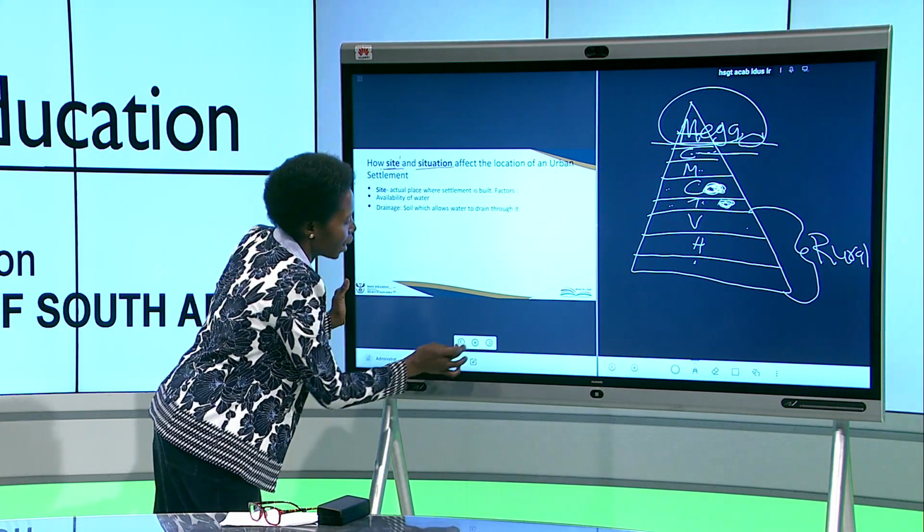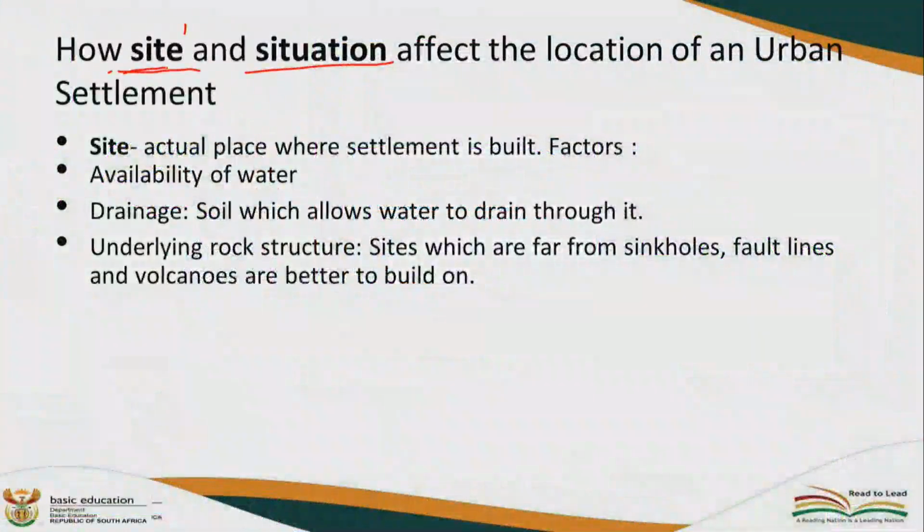Okay, and then the next one is underlying rock structures, where we look at whether the rocks underneath are going to have an impact on our structures. Remember, the structures built in urban areas are not the same as the ones built in rural settlement. Here, there are very big structures, and these structures can be on top of each other, where you find that we are having flats.